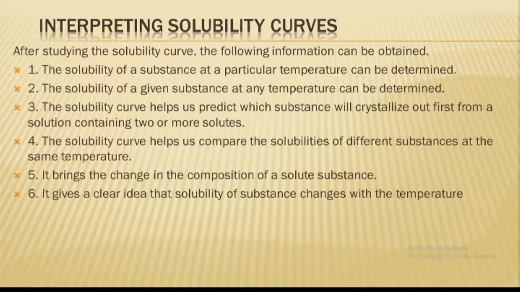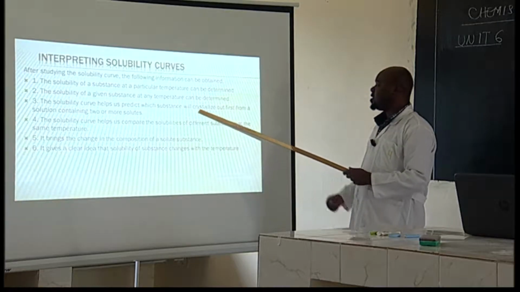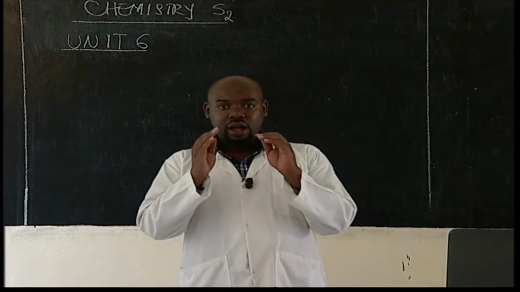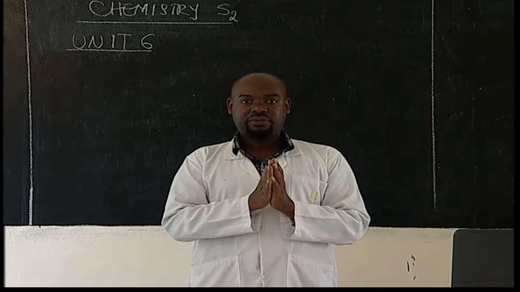And number 3, the solubility curve will help us predict which substance will crystallize out first from a solution containing 2 or more solutes. Remember, substances have different solubilities.